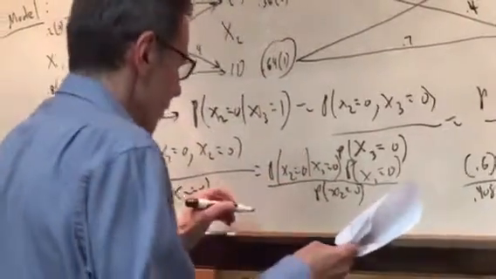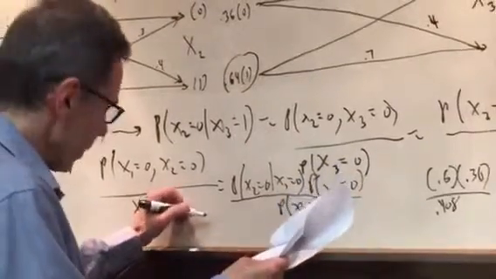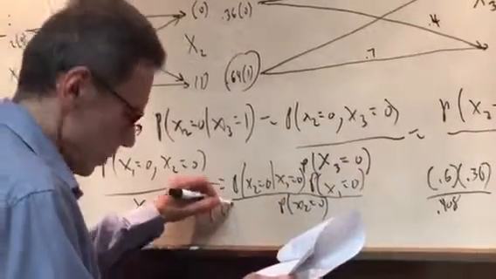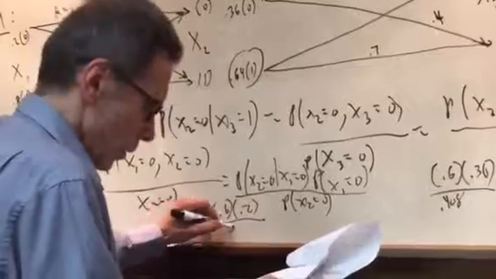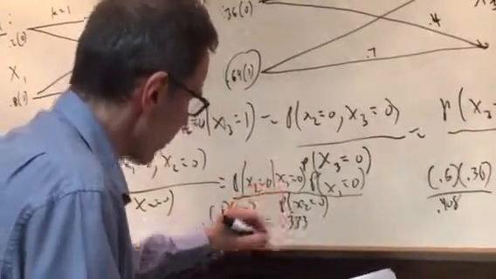We have all this information given to us, so it's going to work out to be 0.6 times 0.2 over 0.36, and that equals 0.333.